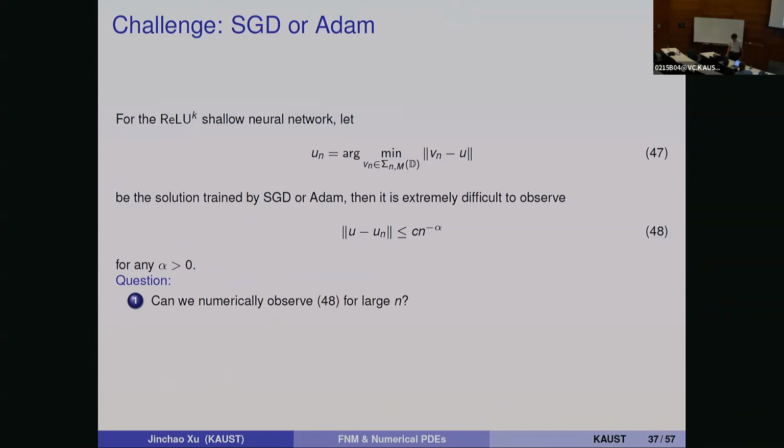If you have a stochastic problem to begin with, if you don't know your expectation, then in machine learning there's always a God-given distribution there. You don't know the distribution, so you have to sample. But in numerical PDE, at least in my kind of PDE, I know all the distribution, so I can sample. But in any case, I have the approximation error.